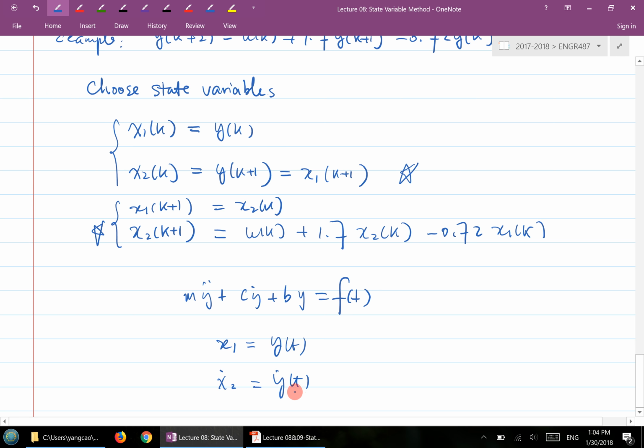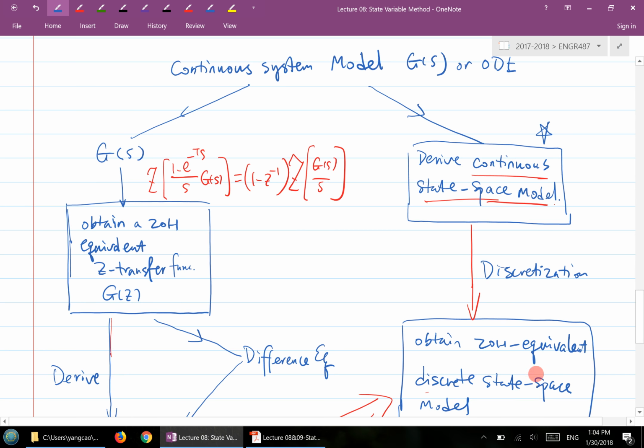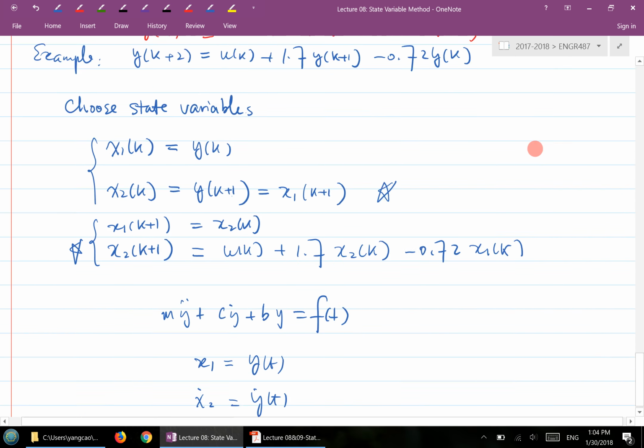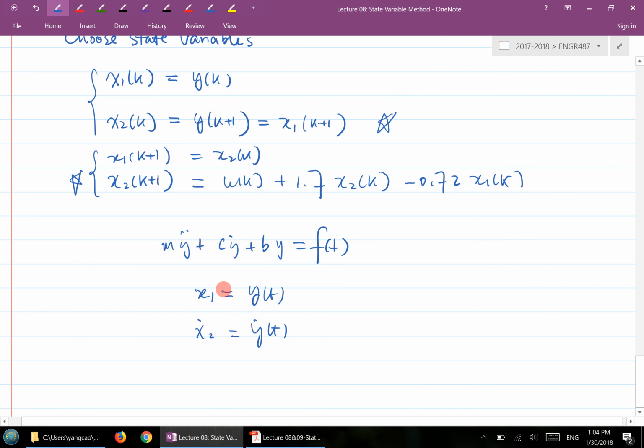When you discretize a continuous one into the discrete state space model, you're going to end up with two discrete state variables. Those two discrete state variables will look like basically y of k plus 1. They are actually still representing one the position, one the velocity.